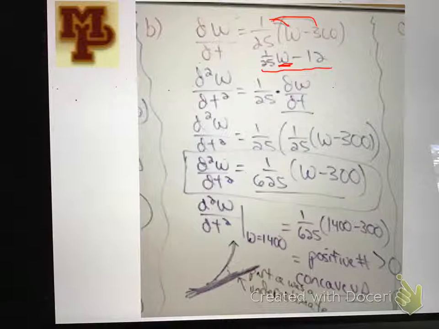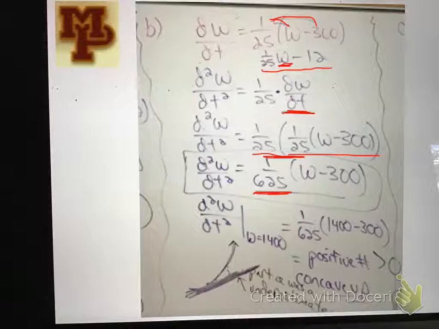And then you can replace the dW/dt with what you know that it is, which is the original, 1 over 25 times (W minus 300). And then you can simplify it a little bit, just multiply those two together. So that's a good second derivative.